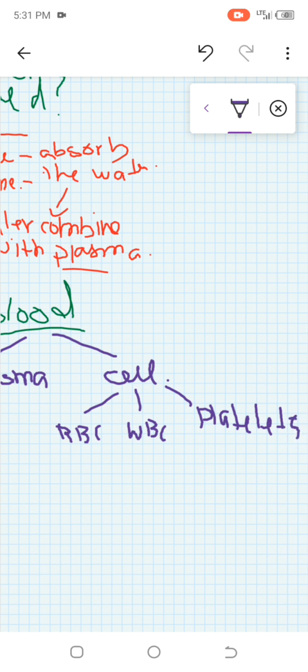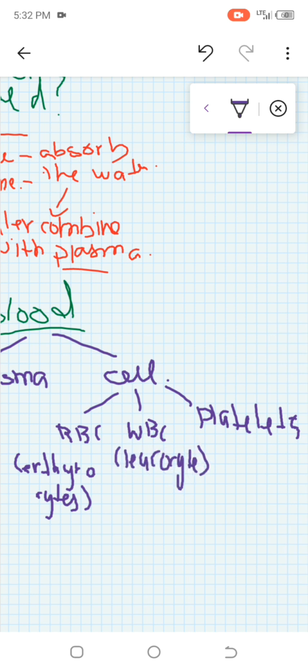Remember this, red blood cells are also known as erythrocytes, while white blood cells are known as leukocytes, and platelets are also known as thrombocytes.